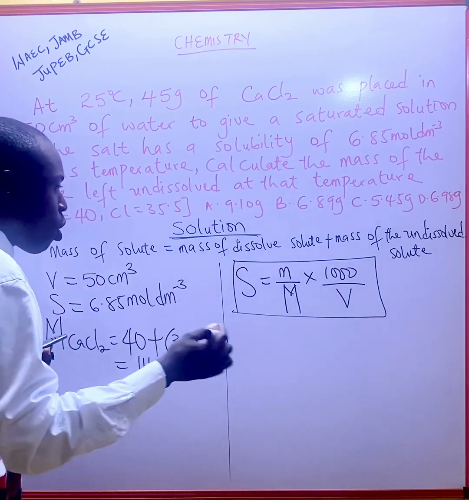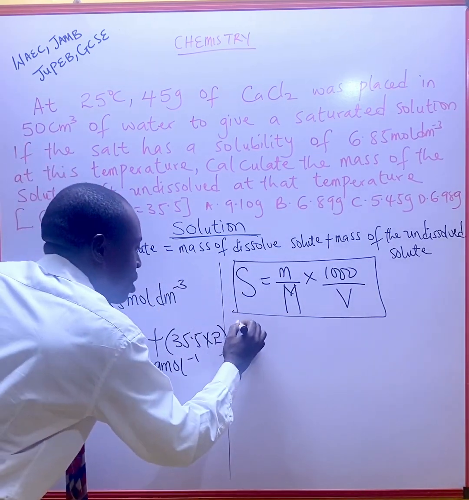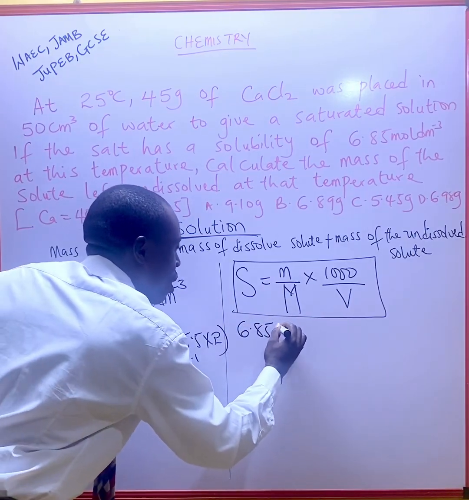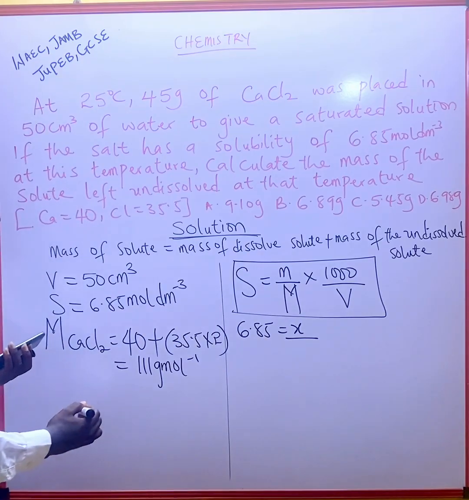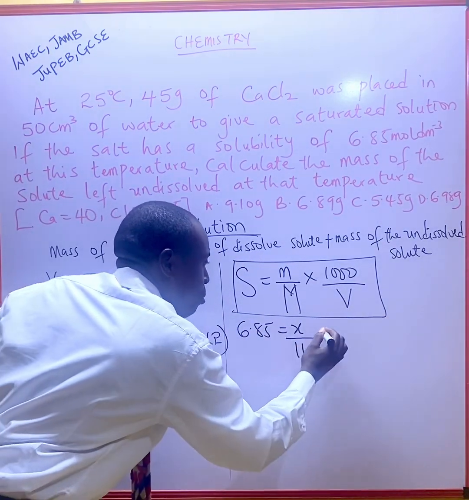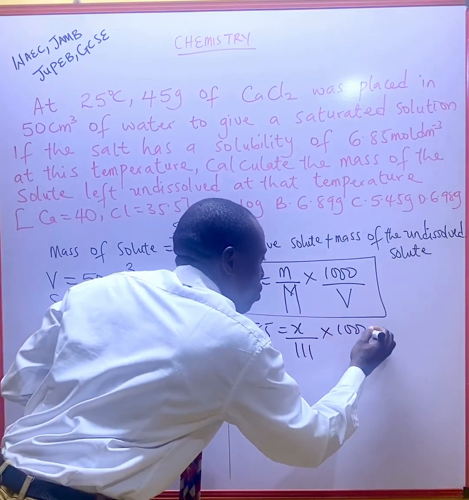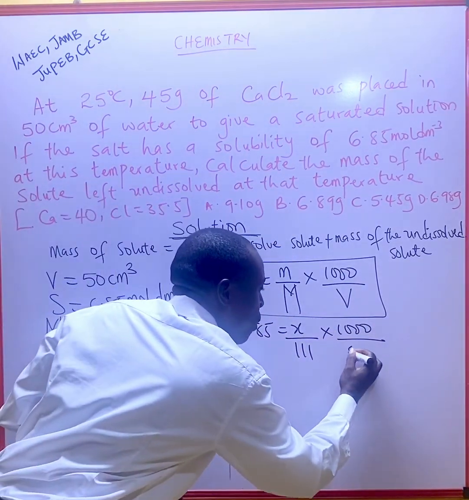Right? So we come here to say solubility here given to me was 6.85 equal to X over the molar mass of the salt, which was 111, multiplied by 1000 over the volume given to me from the question, which was 50.